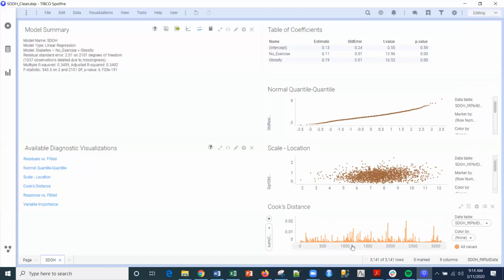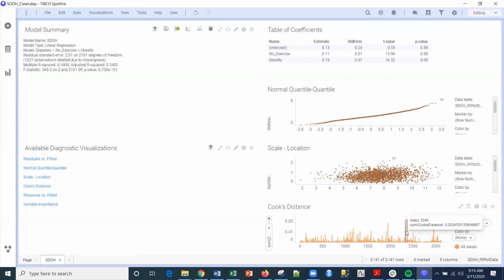So Cook's distance, general rule of thumb, these are for high leverage points. In other words, what points really might pull the regression line in one way or another. And the general rule is if you have 3 times the mean for any one of these observations, you might want to consider looking deeply into that. There are some other measures, but the simple one is 3 times the mean.